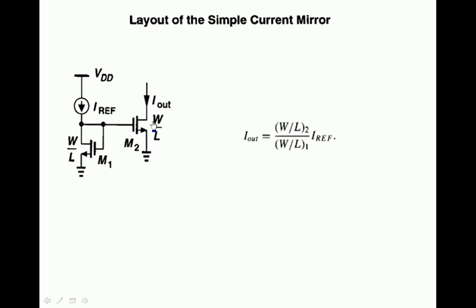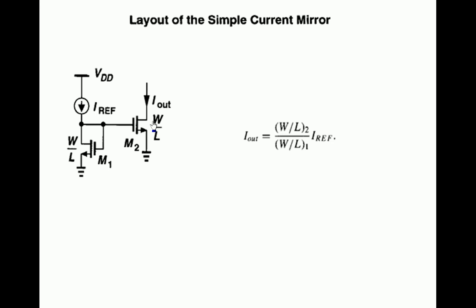While we are laying out the simple current mirror, we already discussed one important point. L is equal to 5 micrometers we are assuming, because even though we are going for a 2 micrometer technology, 5 micrometer is the minimum channel length we are assuming for analog design. Minimum channel length will be considered only for digital designs, whereas it will not be considered for analog design.